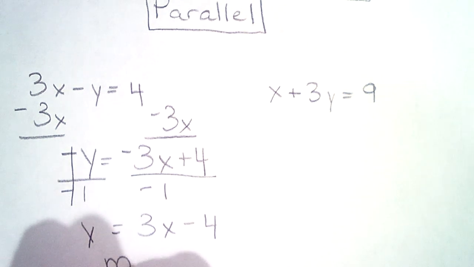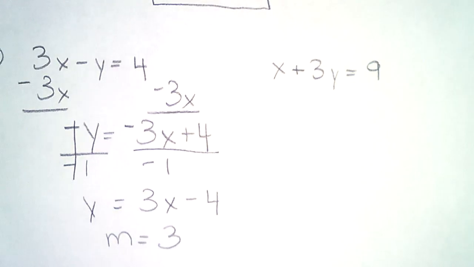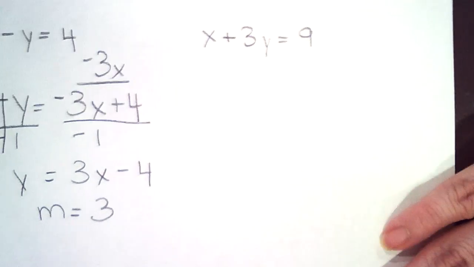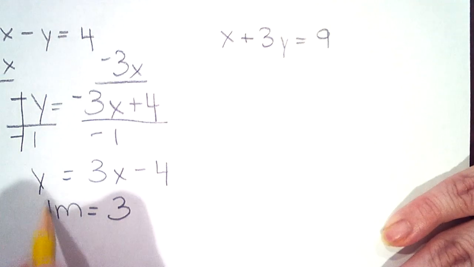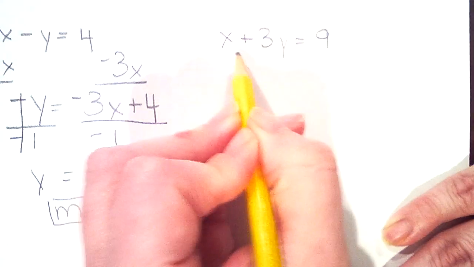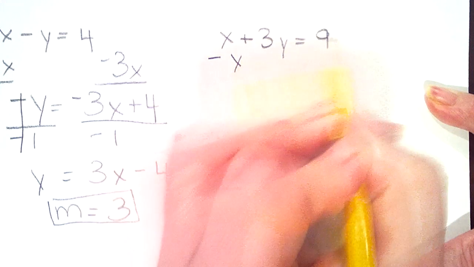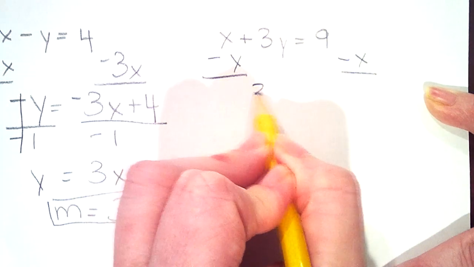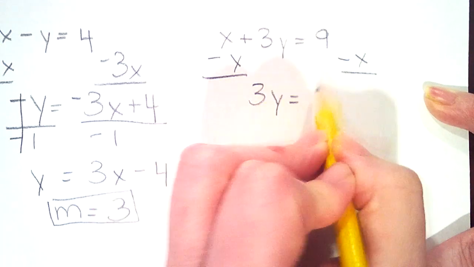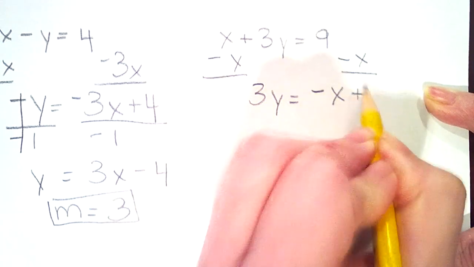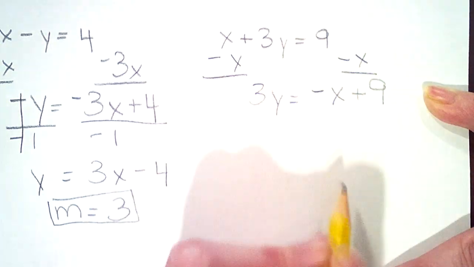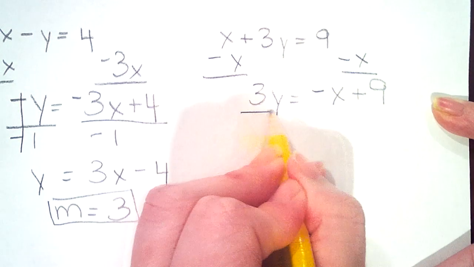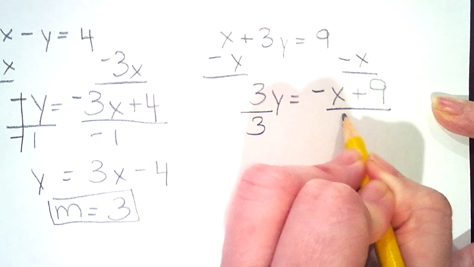Which means my slope here, the coefficient of x, is 3. Divide both sides by 3.